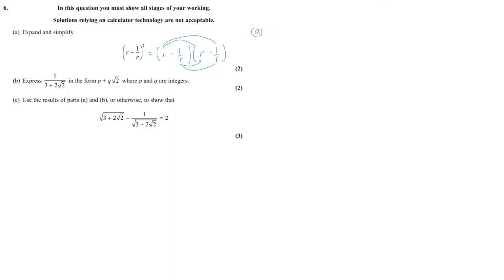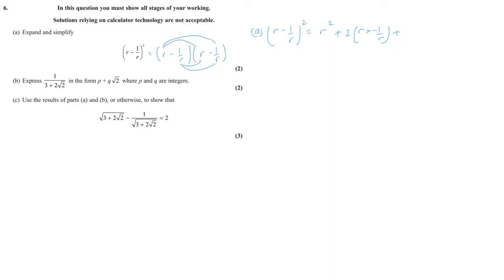Sorry, let me just write the question out. So square the first term, r squared. Twice the product, so r times minus 1 over r, times by 2, twice the product, and then square the last term.